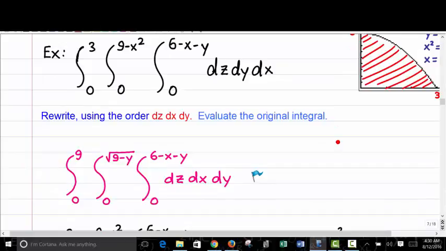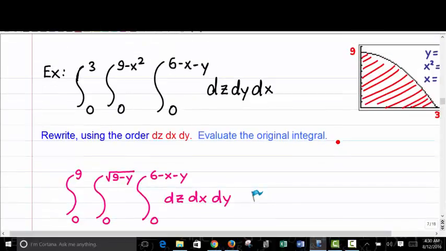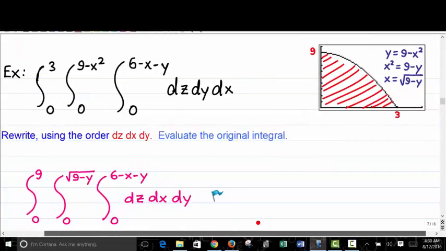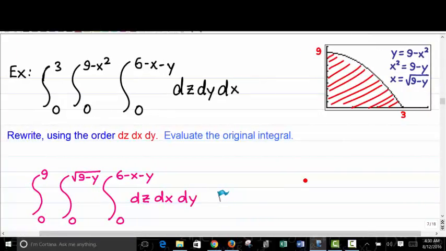Now this one I'm asking to switch it, but then we'll evaluate the original integral and see what happens. Now I've only graphed the area base there, dy dx. If I had you do some really rearranging, except for the tetrahedron, which is easy, something like this I would have to show you a three-dimensional picture so you could see what was going on.